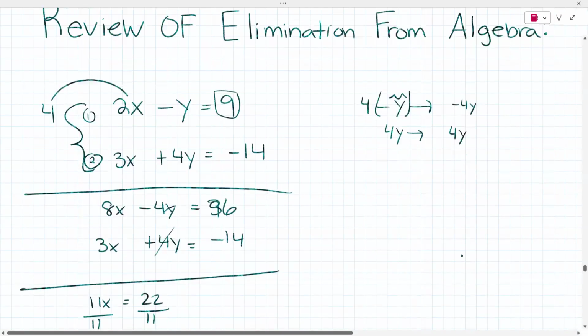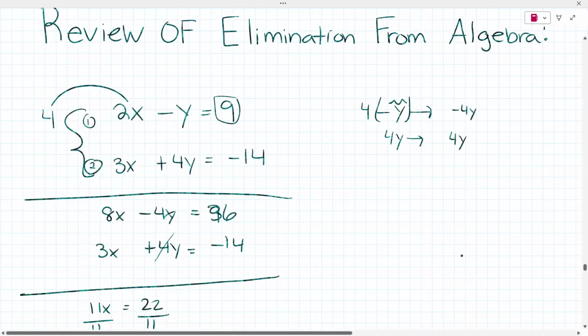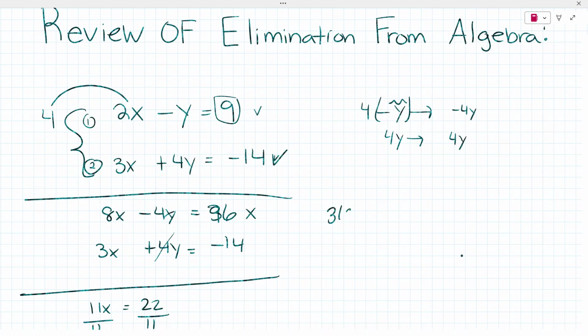And then how do you find the y? You simply plug x into one of the original equations. You could plug it back here or here, but do not plug it in the modified one because that's not an original. I'm going to put it right here.